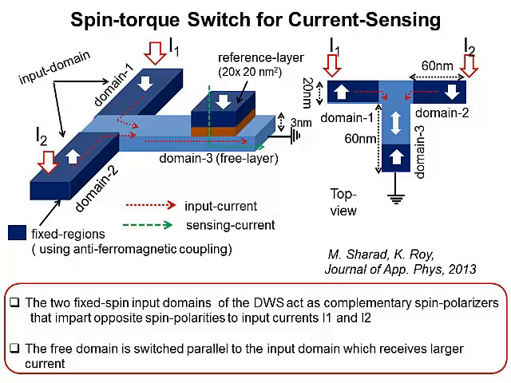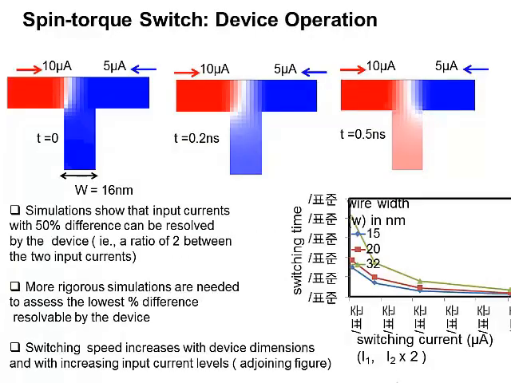So effectively, this device can act as a current comparator and sense the difference between two inputs. The free domain is effectively a low resistance metallic channel which can be biased at a very small voltage. So we get current mode comparison at a very small voltage, and simultaneously these devices can achieve a high switching speed. Recent experiments have shown that sub-nanosecond switching is possible if we are able to scale these devices down.